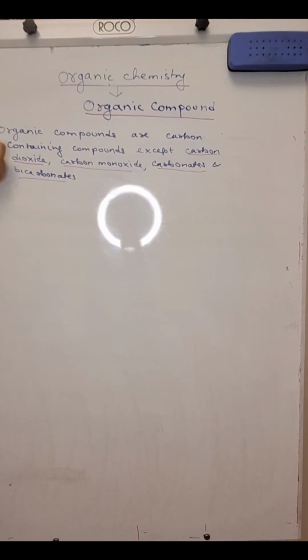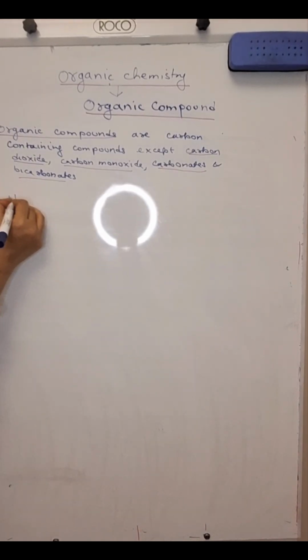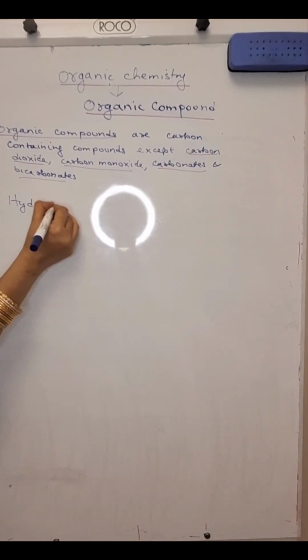Okay. Now, after this definition of organic compound, we need to understand a very important term in organic chemistry, that is hydrocarbon.